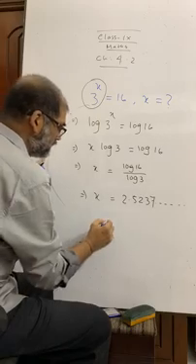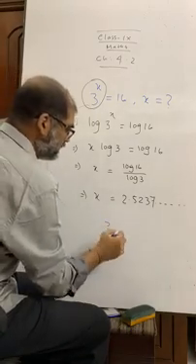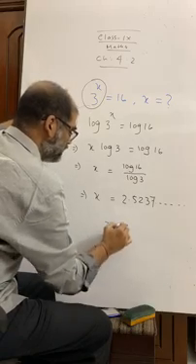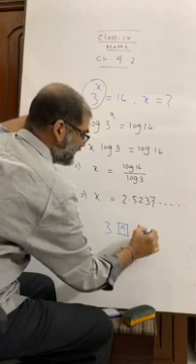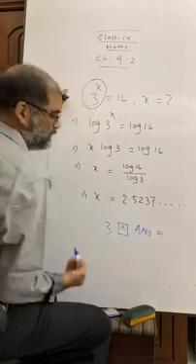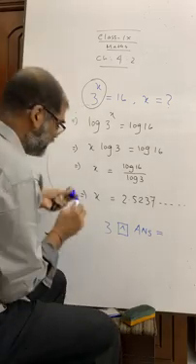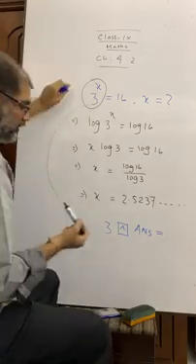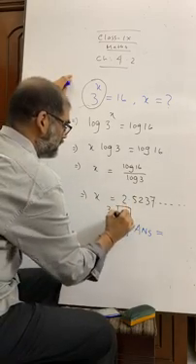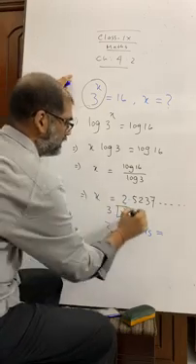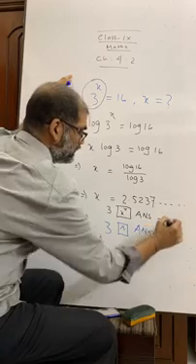Just operate 3, then this power, answer equal to. Or in this way: 3, xy, answer equals to.